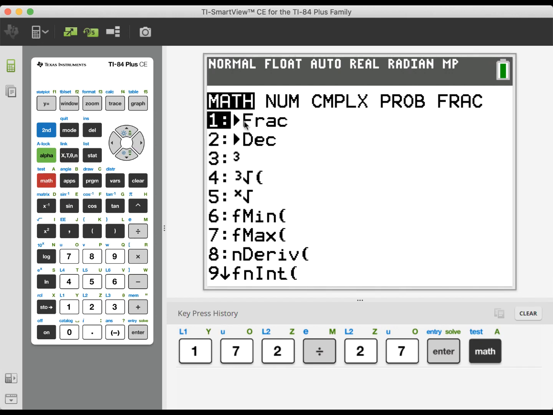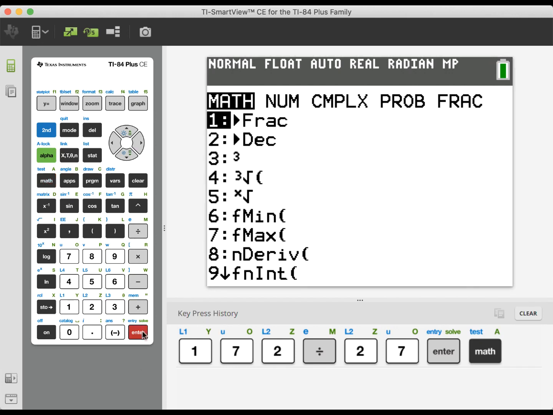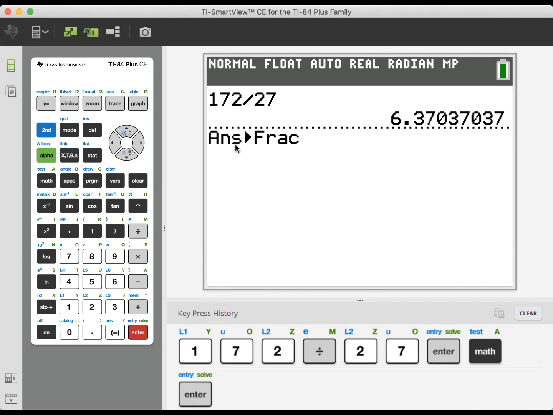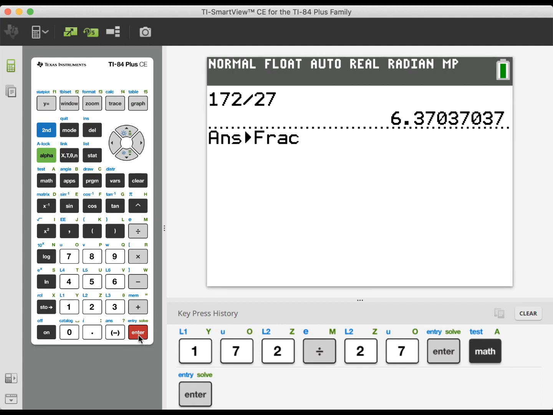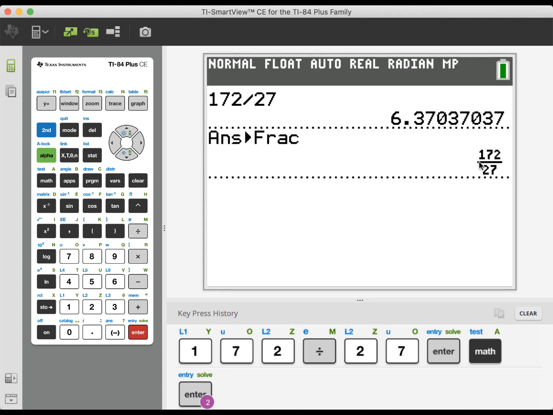And then that little arrow here that says frac, that means that if you click enter, it says ANS arrow frac. And to see what the actual fraction is, just click enter one more time. And notice that this actually will go ahead and simplify this into its simplified form, as much as possible at least, making that 172 over 27. And that's pretty much it.